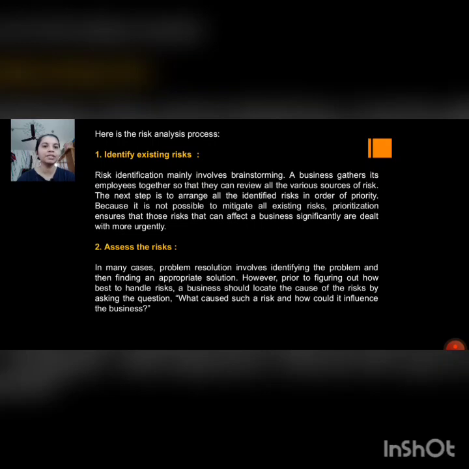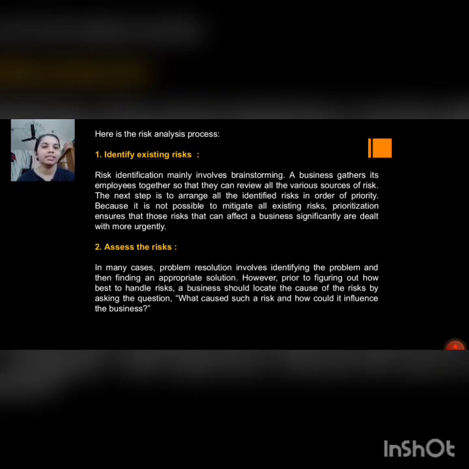The next step is to arrange all the identified risks in order of priority. Because it is not possible to mitigate all existing risks, prioritization ensures that those risks that can affect a business significantly are dealt with more urgently. Second is assess the risk.